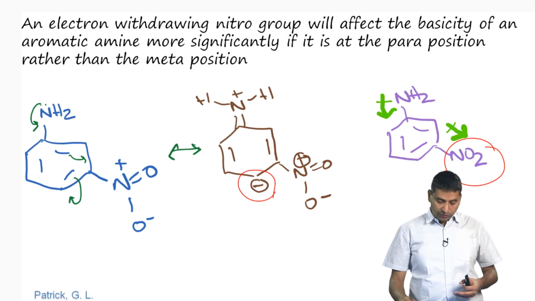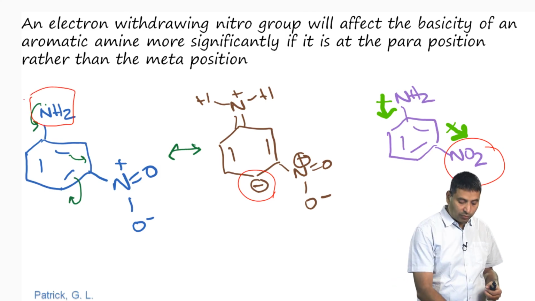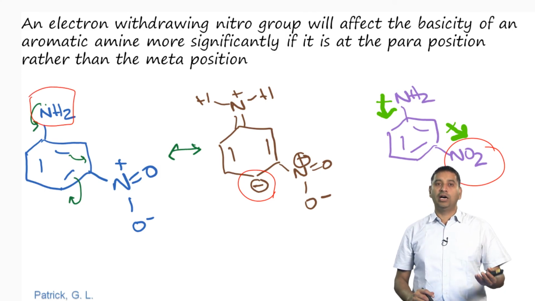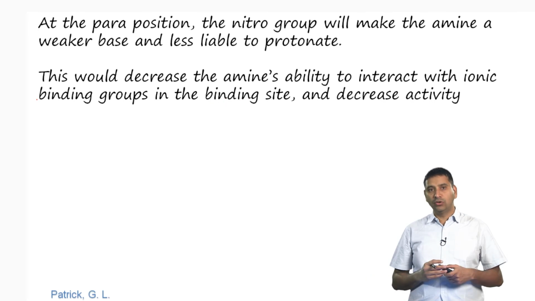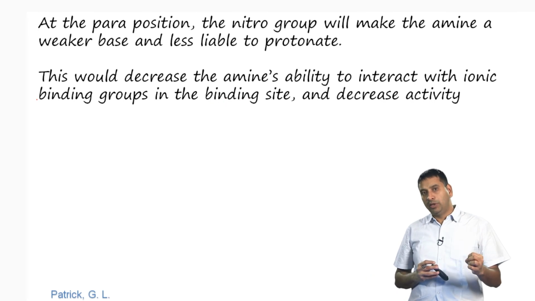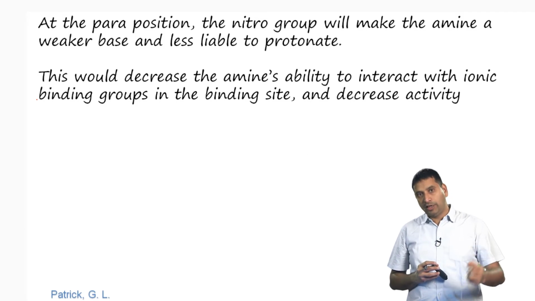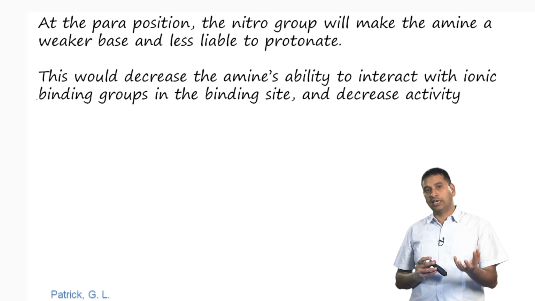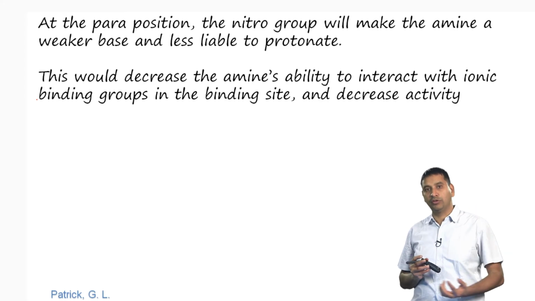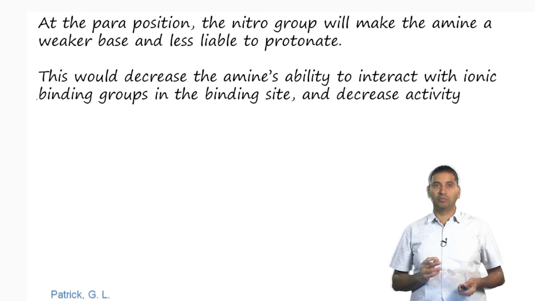Therefore, this lone pair is far more available when you have the nitro group in the meta position as compared to the para position. So, the amine's ability to interact with perhaps an ionic binding group will change, and you can actually modulate the activity by changing the position of the electron withdrawing functional group.